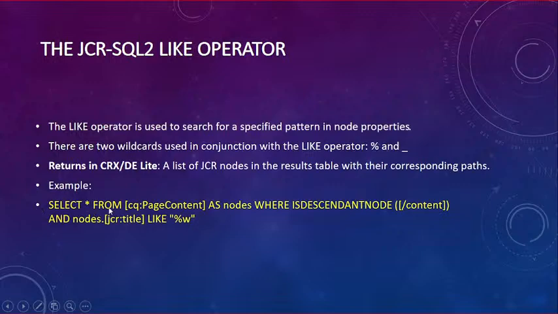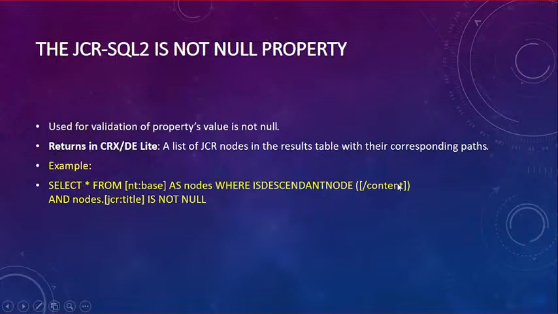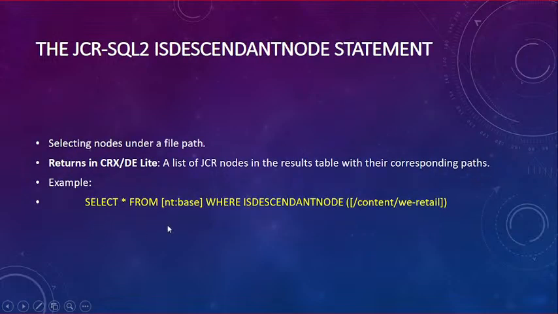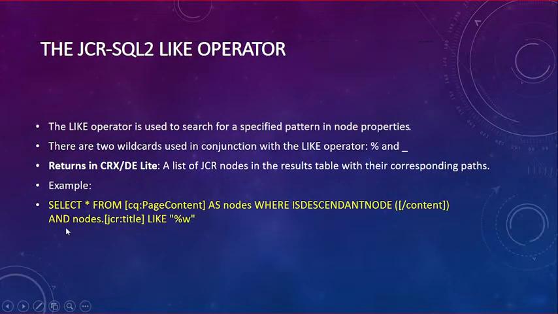Then you simply use select star from cq:Page as nodes. Node is nothing but the short name for this particular cq:Page content, where isdescendantnode is content. From this content we are simply taking these nodes, and after that we are performing the jcr:title and later that like operator.